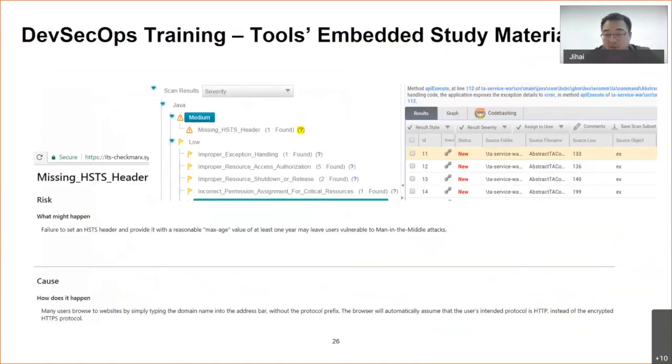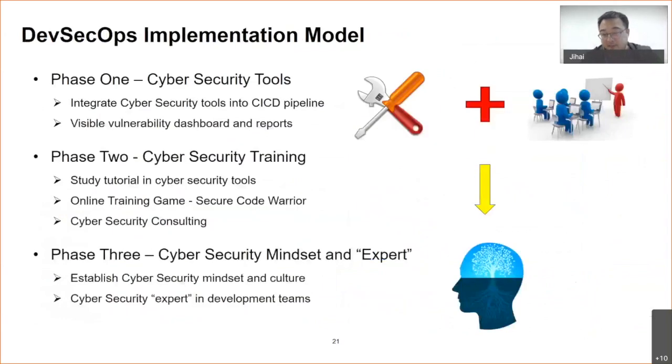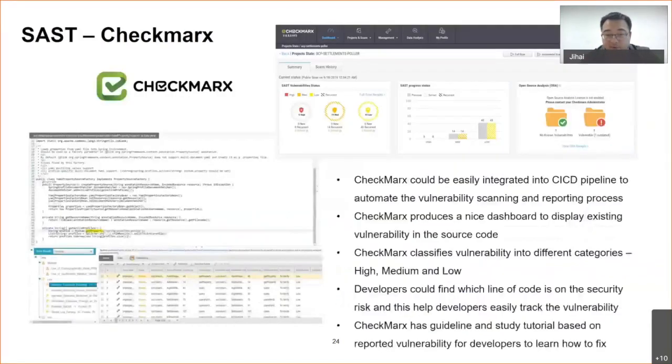Okay. So like I mentioned on this slide, the first stage is introducing the tools and integrating them in your CI/CD pipeline to automate the process. We have done this. The next one is the training. We provided training in three different ways.